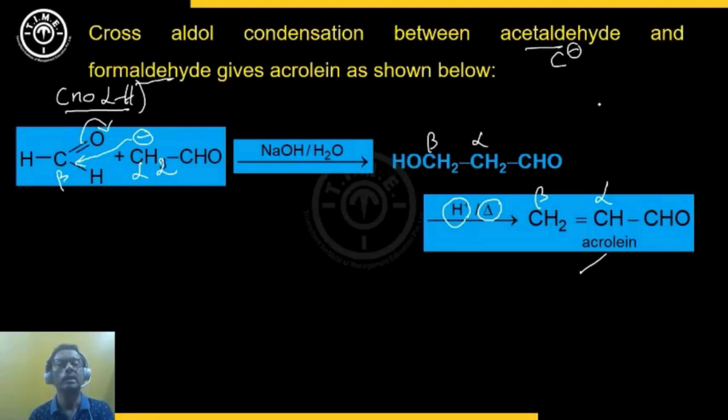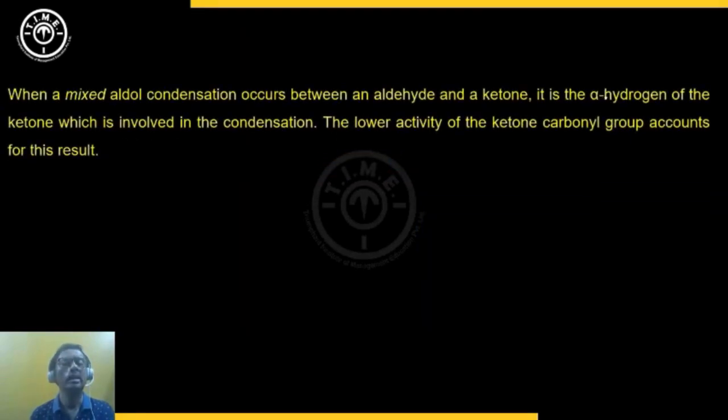Next, when you have an aldehyde and a ketone, both having alpha hydrogen, where do you make the carbanion? Carbanion can be made on the ketone or also on the aldehyde. But we know that aldehydes are more reactive for this nucleophilic addition reaction.